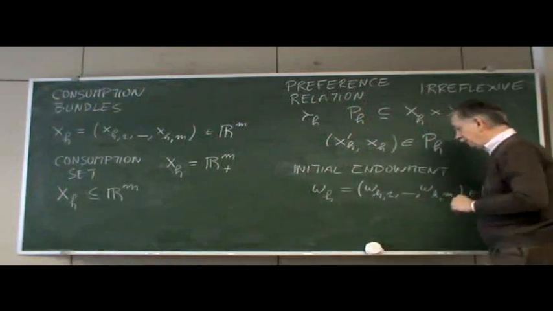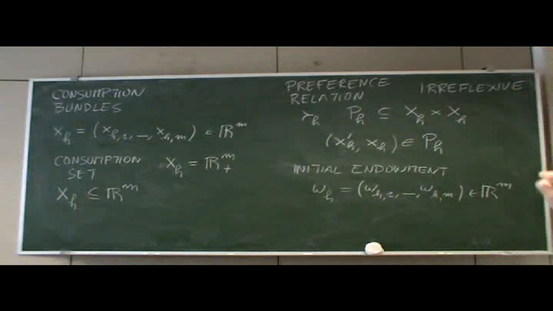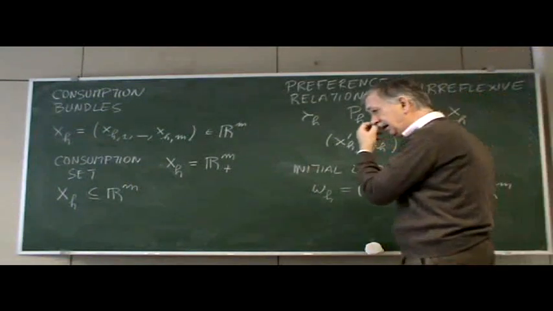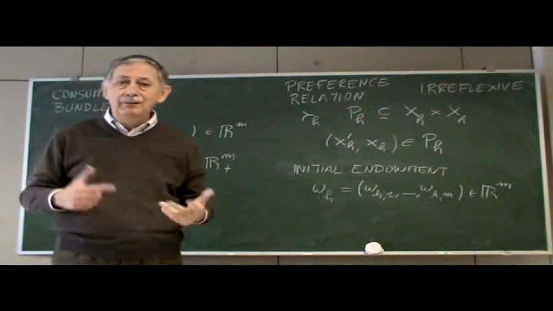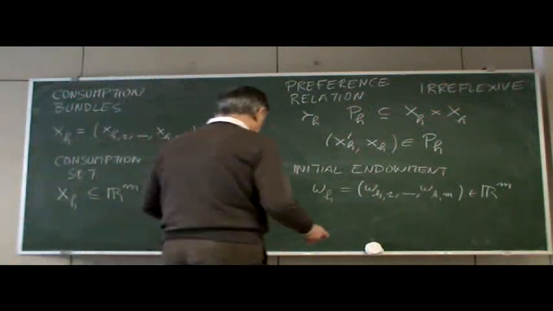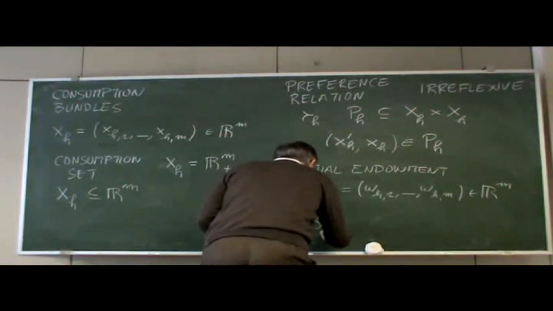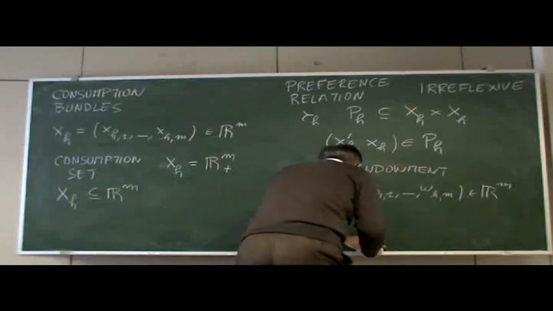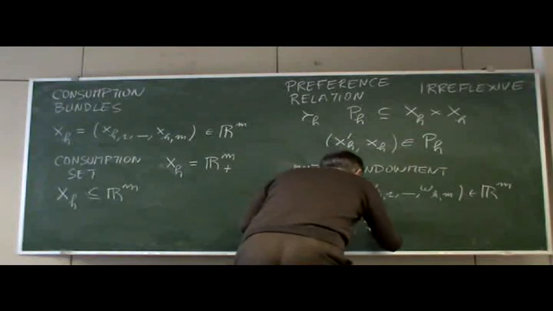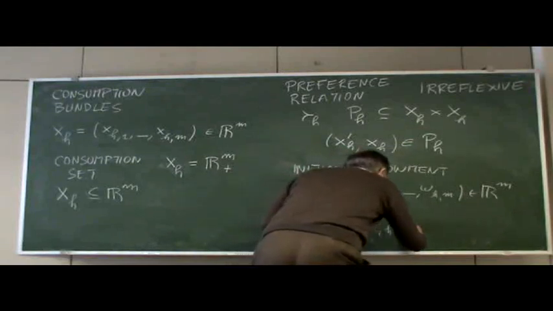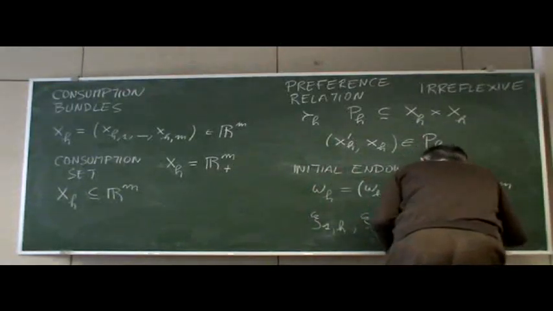But besides the initial endowments of goods, remember that every household is an owner of one or more firms. They have some shares in the property of a first firm, of a second firm, etc., up to the large F firms.